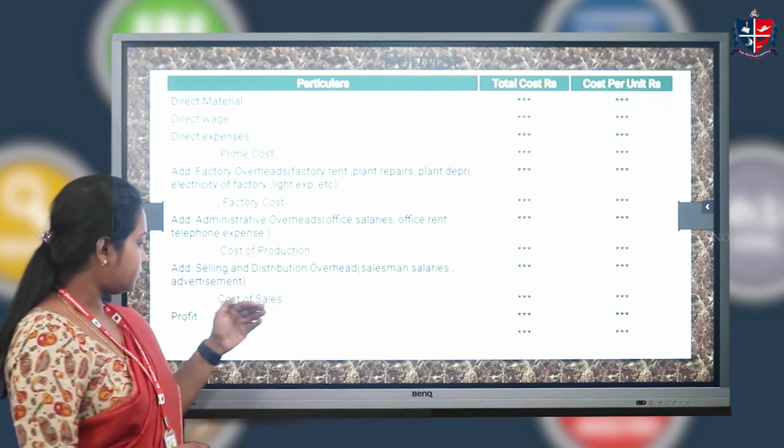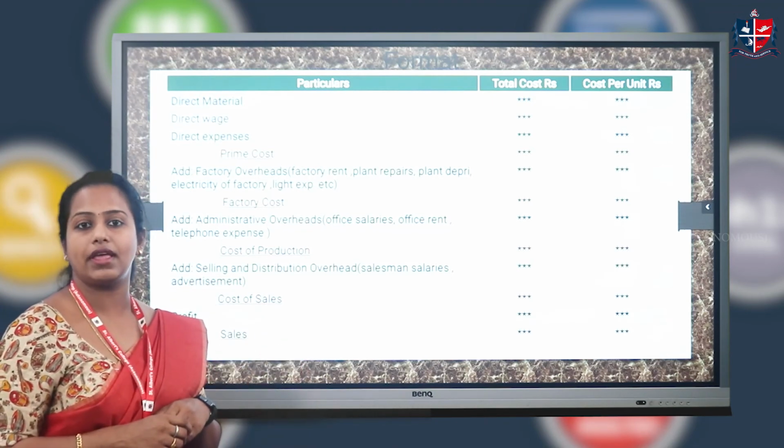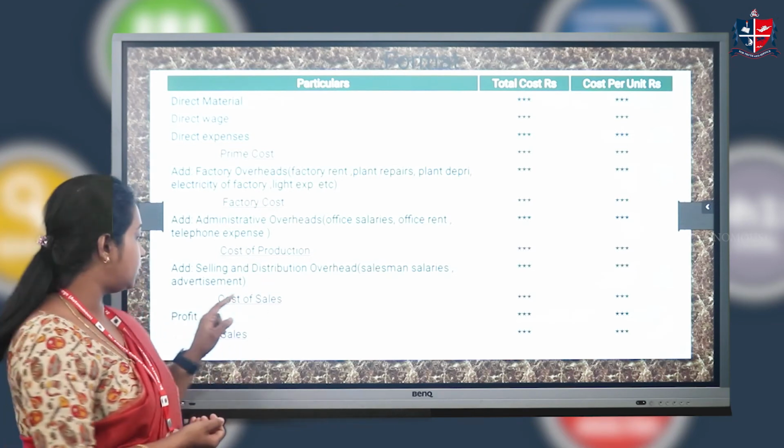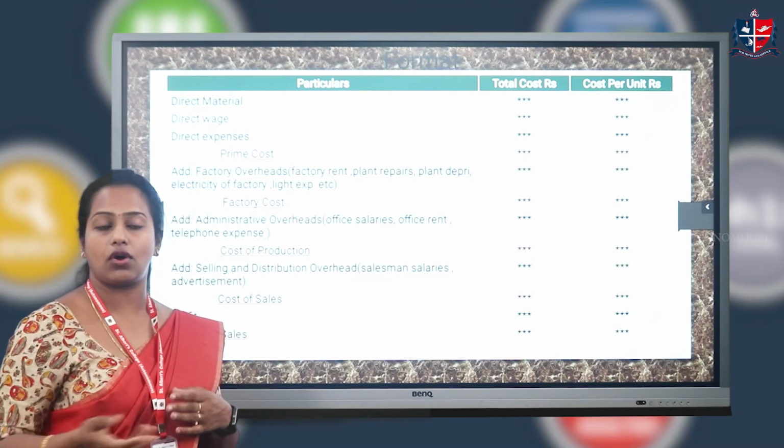And finally, we have the sales amount with us. If you subtract the cost of sales from it, you will get the profit, or there can be chances for losses as well.